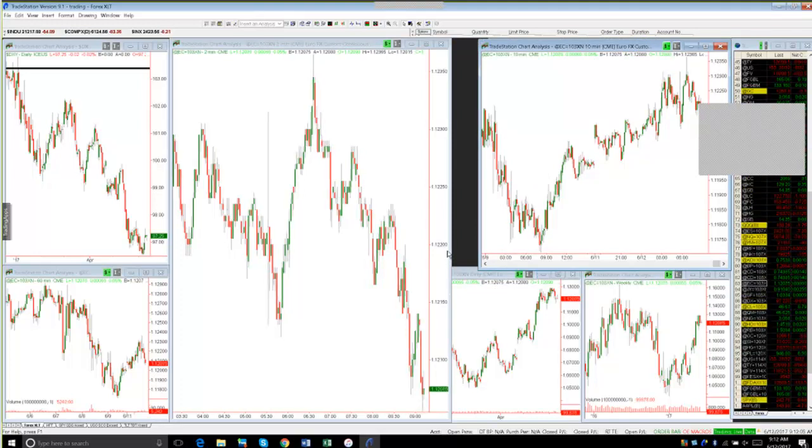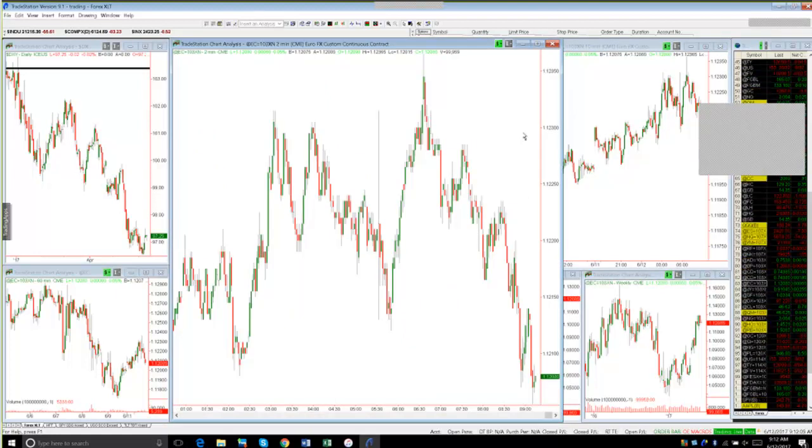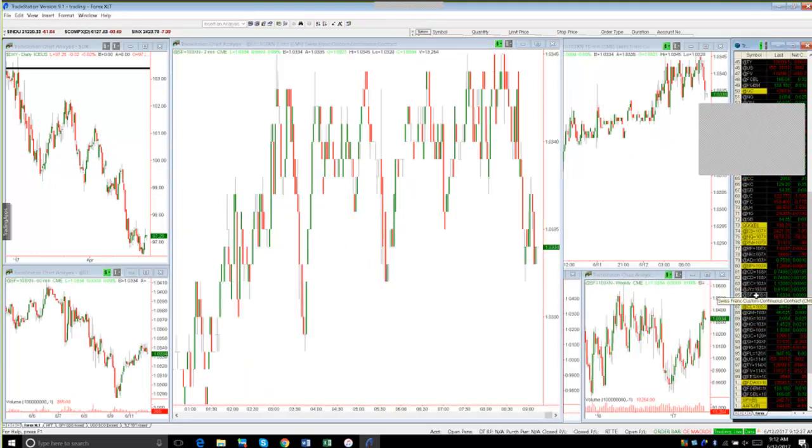When I go down to a much smaller time frame, this is going to be a challenge. We could probably short the euro up here, but I'd rather look for another market that is giving us a little more quality of a level. So let's keep looking here.